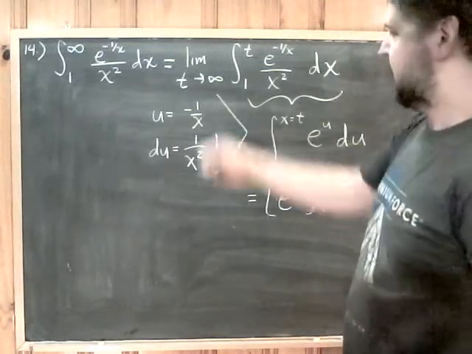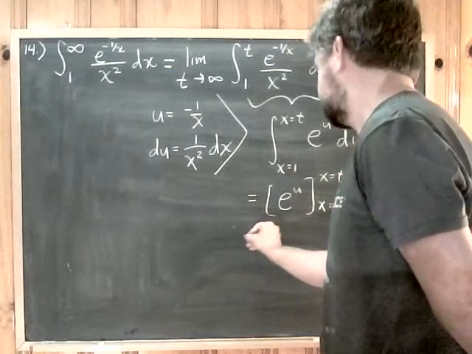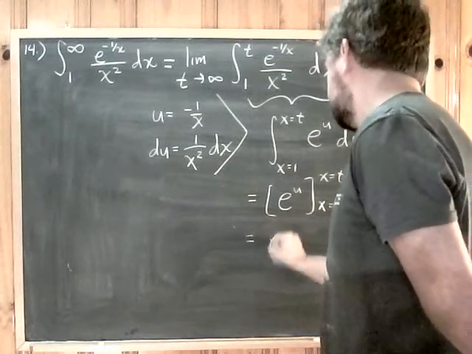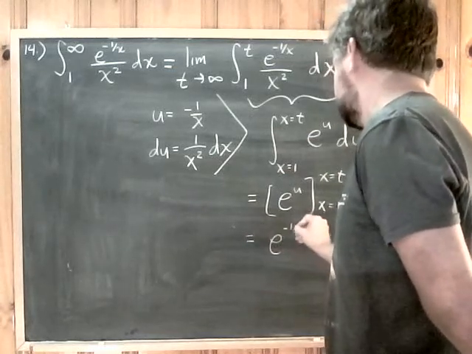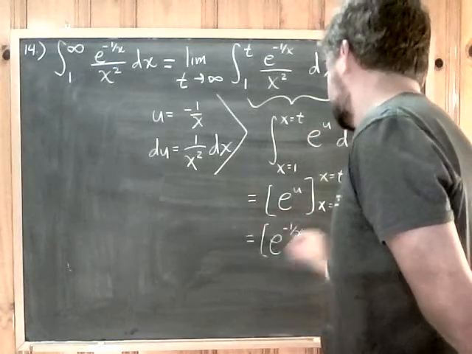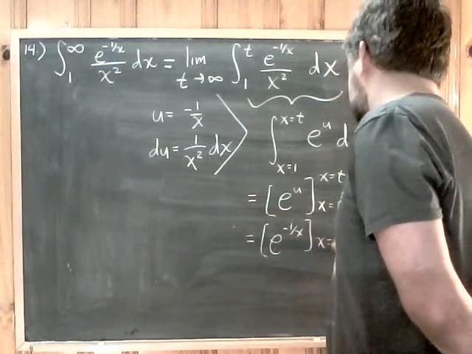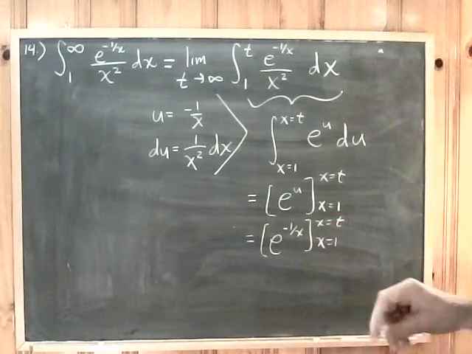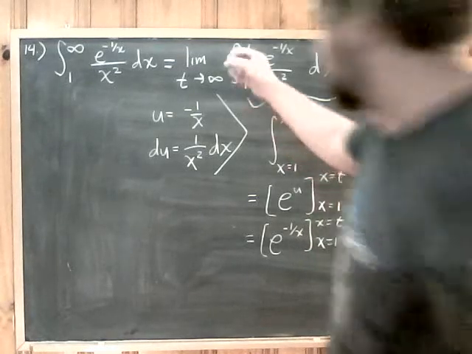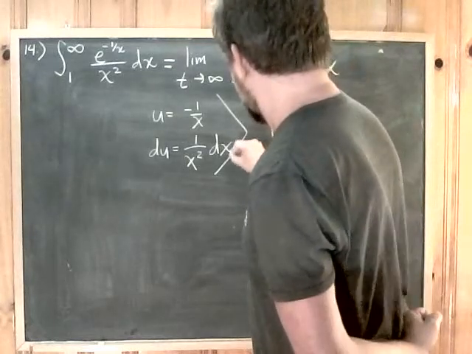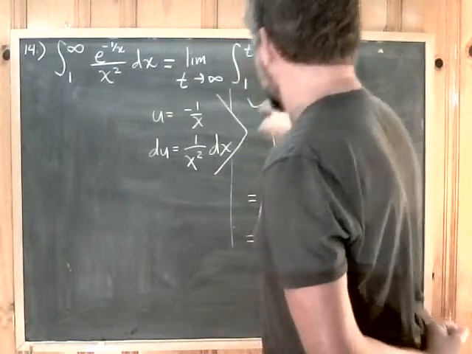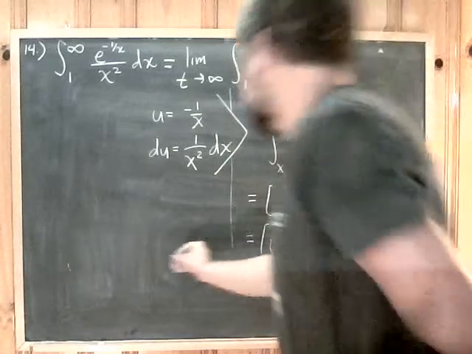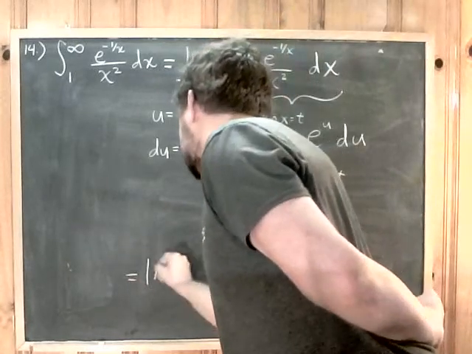I need to plug back in that u. I have e to the negative 1 over x from x equal to 1 to x equal to t. And now when I'm plugging the t back in, I might as well remember that I need to take that limit. So all of this was just the antiderivative.